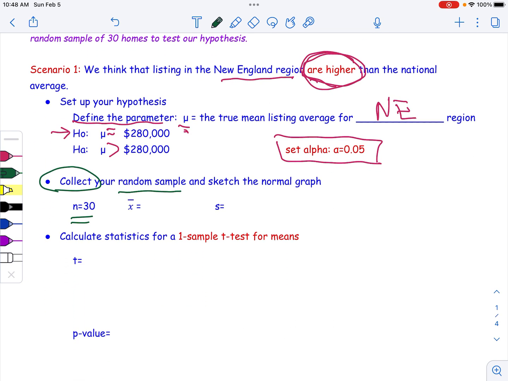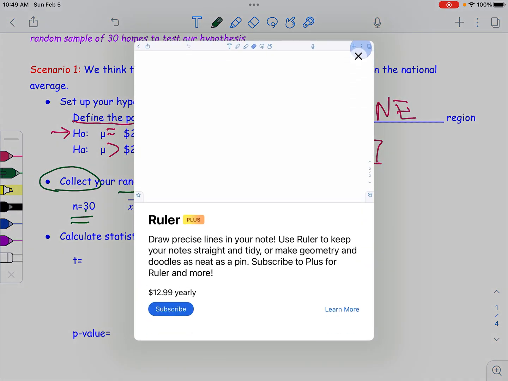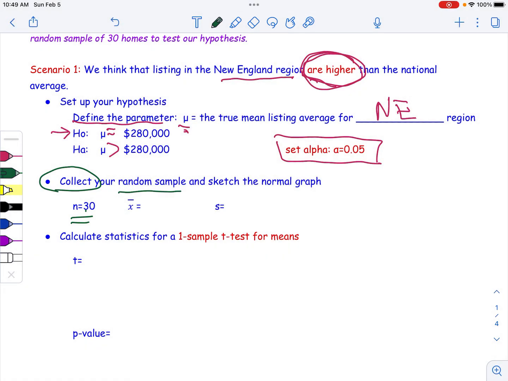And when I did that, I got the mean for the 30 listings to be $318,000. And that's the sample mean for our sample of 30. And I got the standard deviation of $98,000.